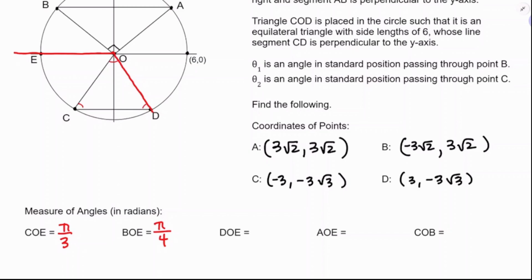But these aren't standard position angles, so we're just looking for the measure of the angle. This is an obtuse angle. It's got to be bigger than pi over 2. It's 60 degrees plus another 60 degrees. If 60 degrees is pi over 3, we can see it happening: here's that angle, and then that's the same angle. So that'd be 2 pi over 3.